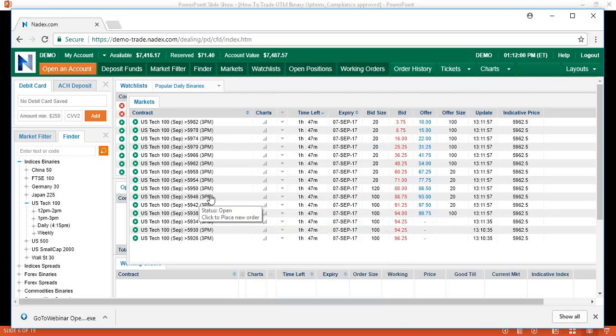All right, so those are called out of the money binaries, when they're out of the money. These are already in the money, and if they stay in the money between now and expiration, they'll expire profitable. These are out of the money. The market would have to move way up for these to be profitable, for these to expire in the money.